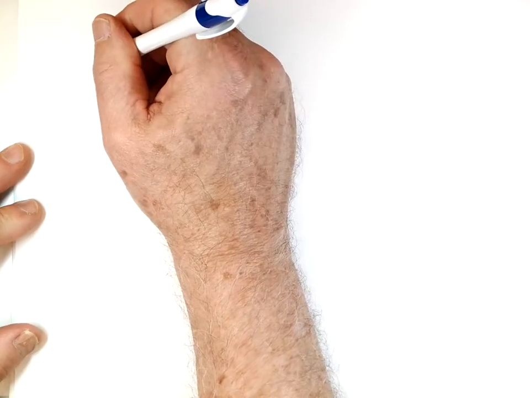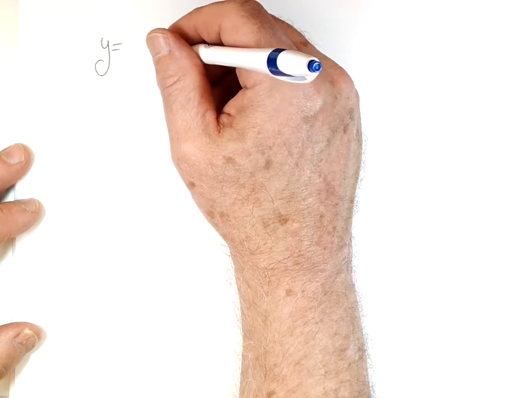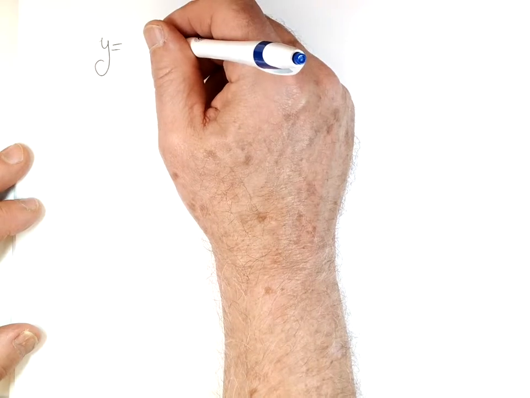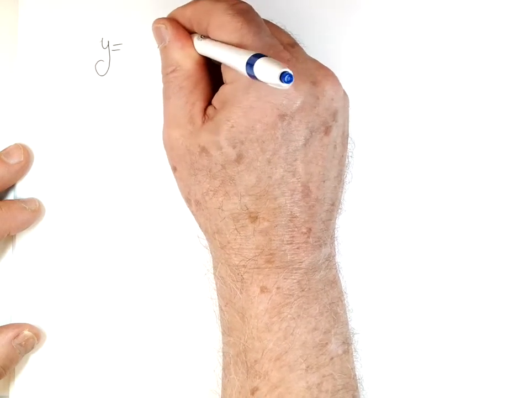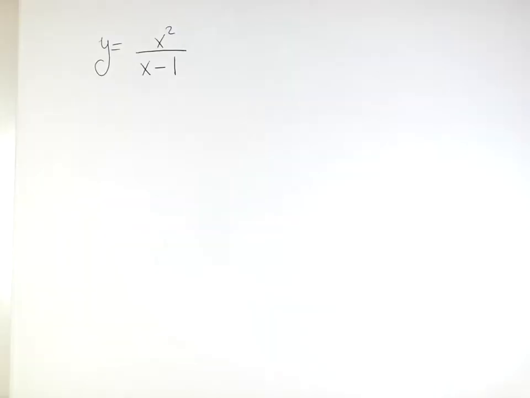Let's do another one. We'll do one more. I'll make it a little bit more complicated. How about x squared over x minus 1? Try that one. We're supposed to do the whole 10 questions, the whole shebang.